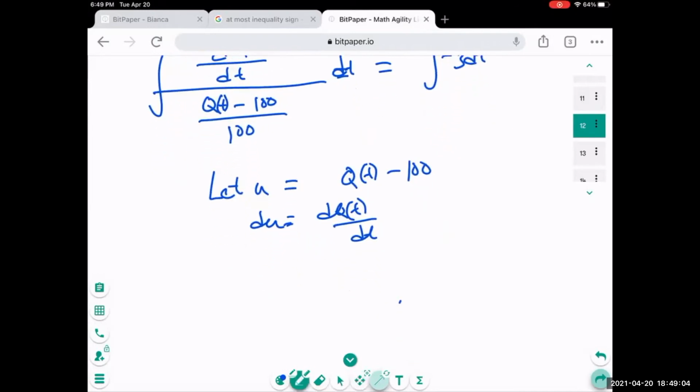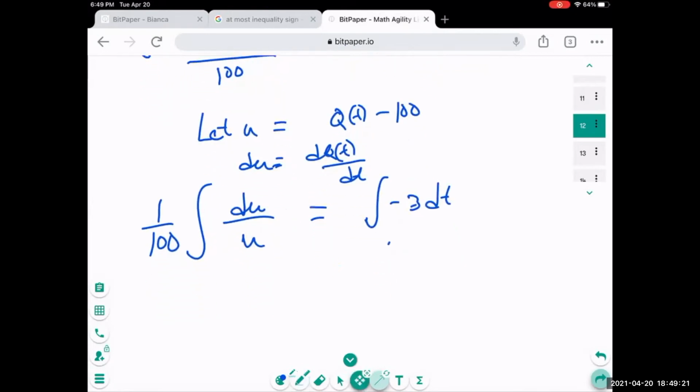Let's take out the 100, so that's 1 over 100, and this will be du over u equal to negative 3 dt. So this means this is 1 over 100 ln of u and negative 3t.